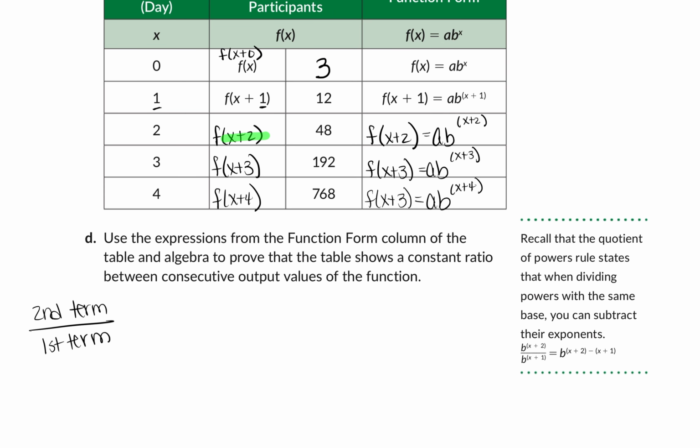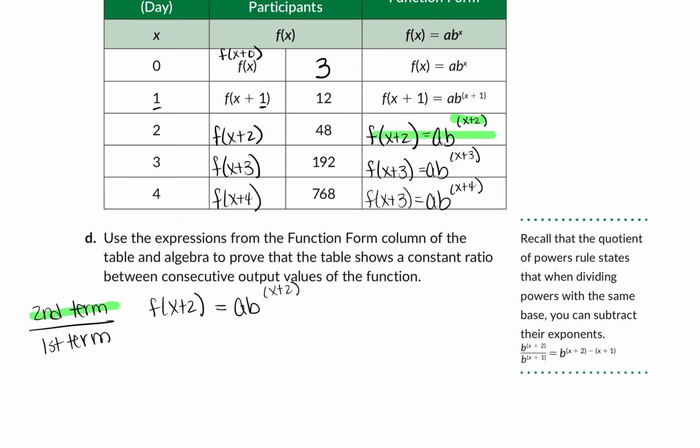So my second term is this equation. So I'm going to write it down, f of x plus 2 equals AB to the x plus 2. I guess we should more highlight this one versus the other one.